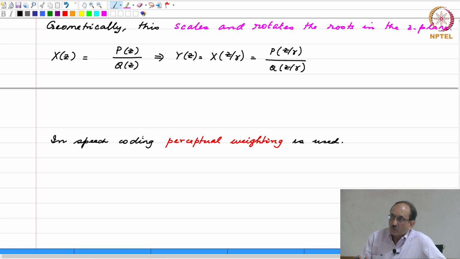It has what is called masking. So, if you have one tone that is played, you will hear it.